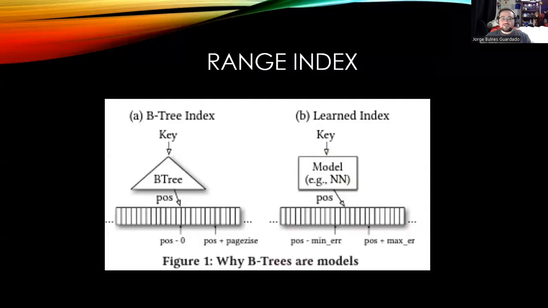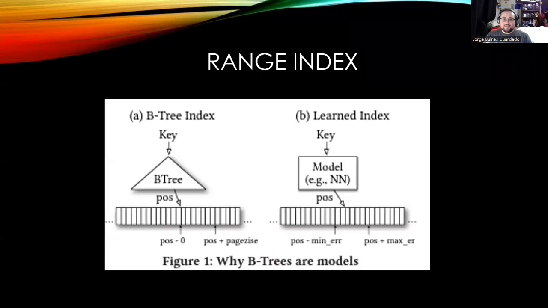So for the range index, one comparison I like to do is between the B-tree index and the learned index. We could compare the other ones, but due to time constraints, I'm going to compare these. B-trees have a key, and they predict the location of a value within a sorted set.